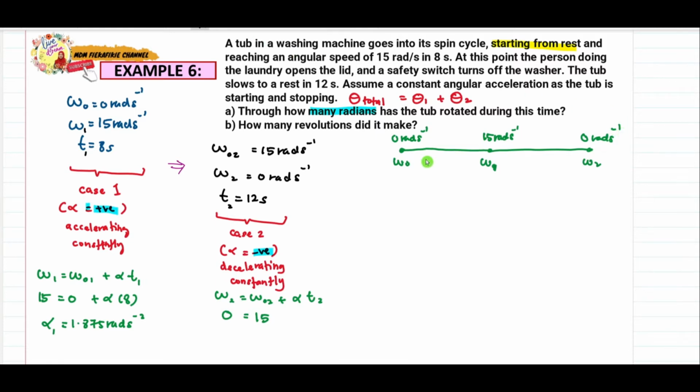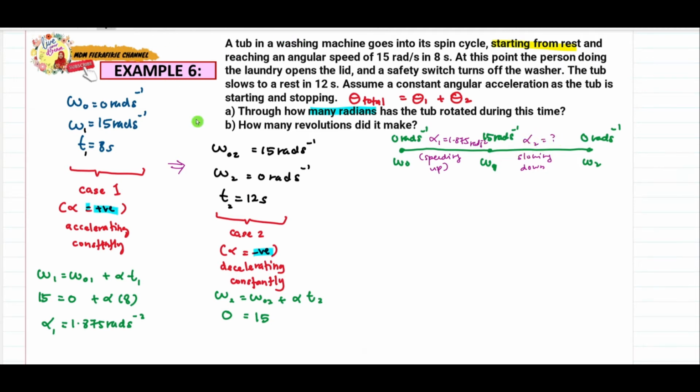Dia punya timeline macam ni lah. Ini speeding up. This one should be slowing down. Speeding up ni kita dah kira lah alpha dia is equal to positive 1.875 radian per second squared. So alpha 2 ni kita kena kira jugalah.